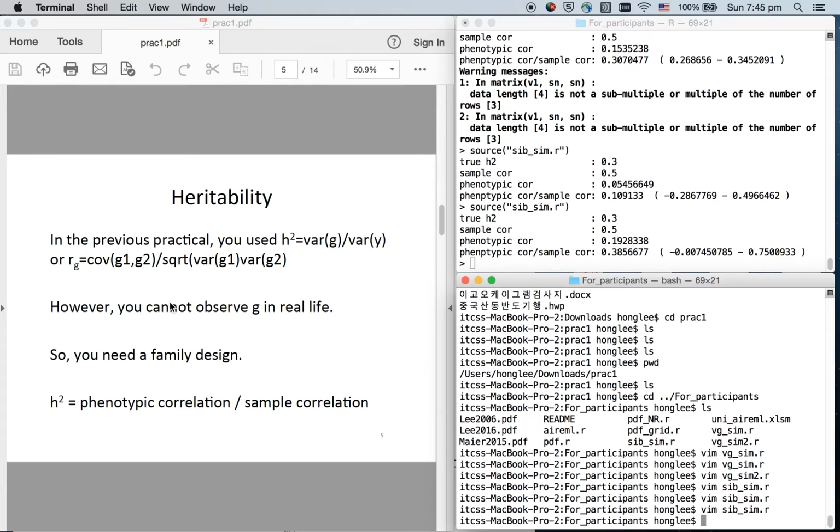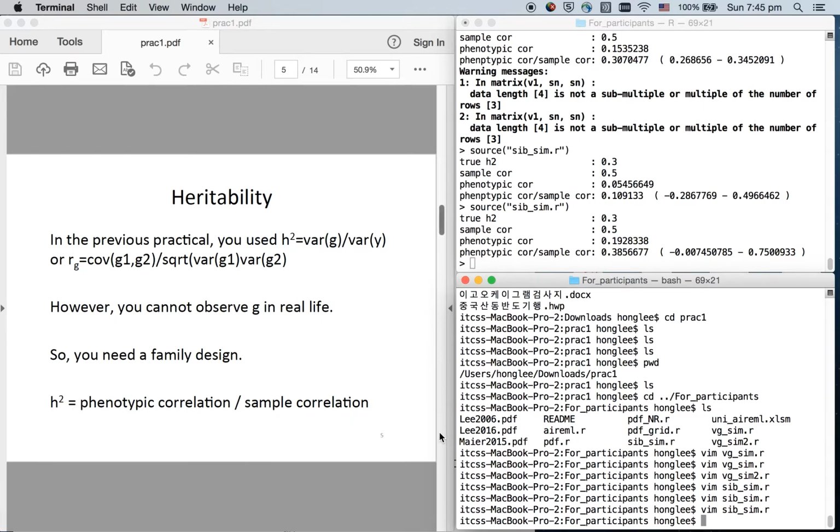But in real situations, you cannot observe the actual G. So you need a family design that I showed in the lecture, right? From the design, you know the sample correlation, and you can observe phenotypes. Therefore, you can estimate the phenotypic correlation. So from the design, you can estimate heritability from this equation.